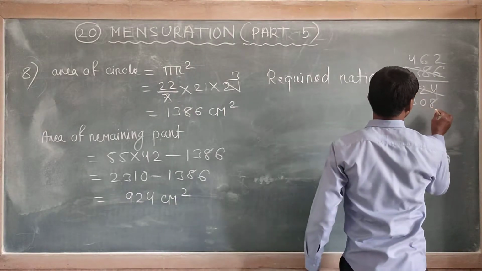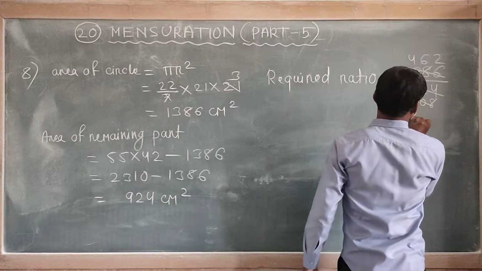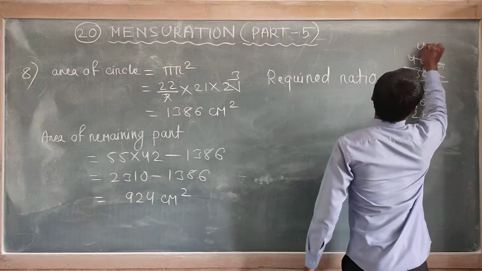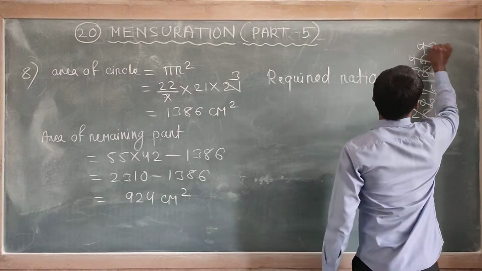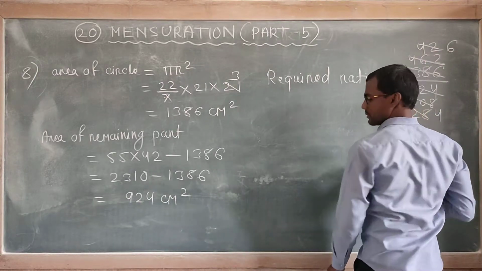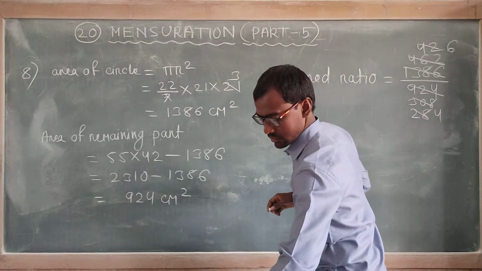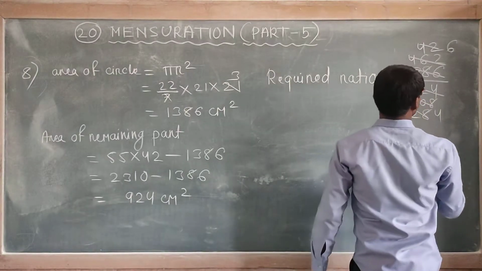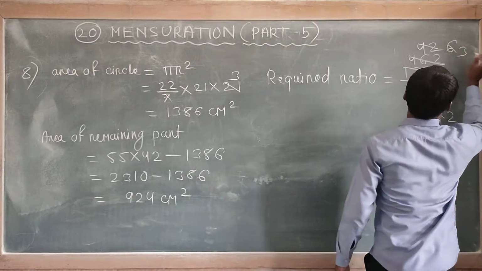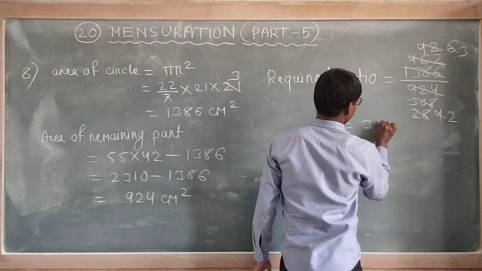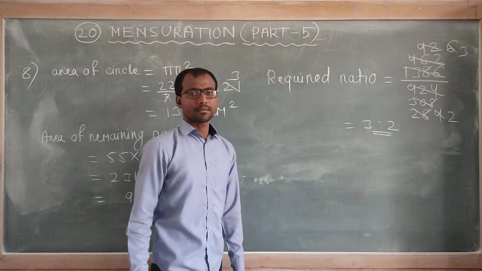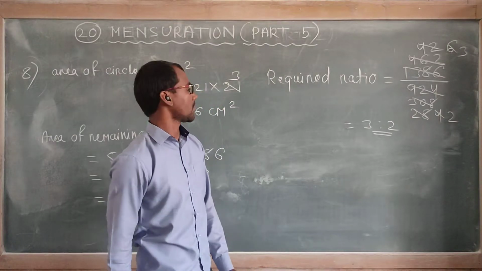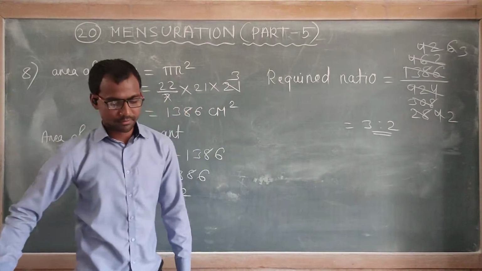Then 11 2s are 22, 28, 42. 7 4s are 28, 7 6s are 42. So the required ratio is 3:2. This is the answer.